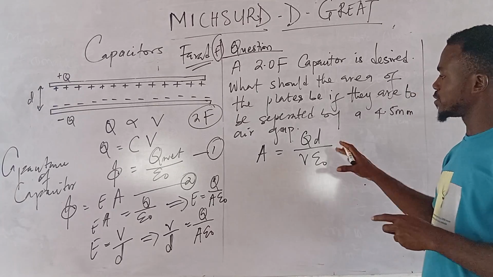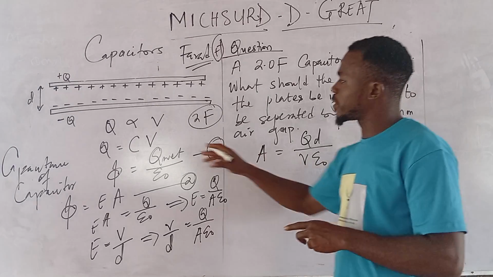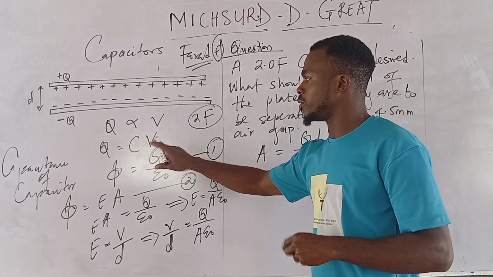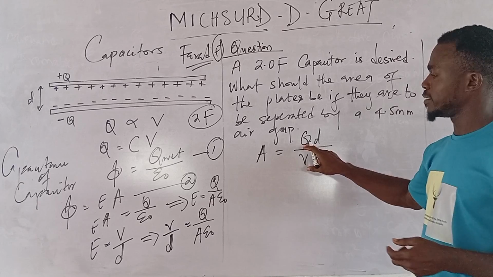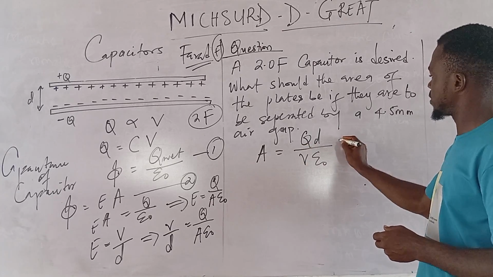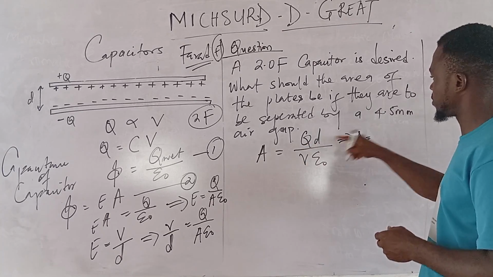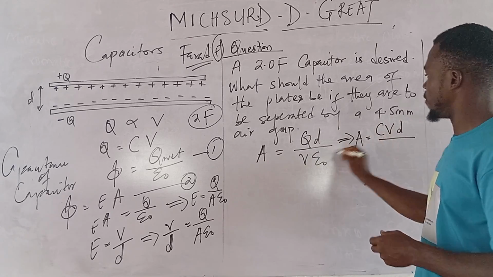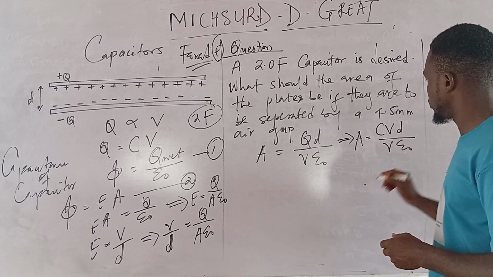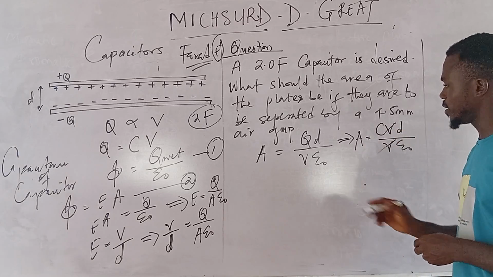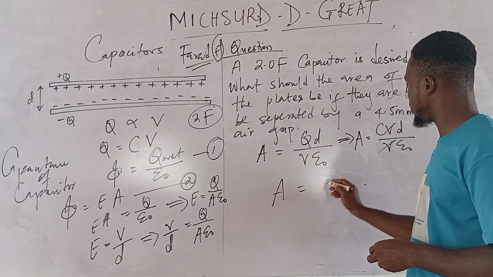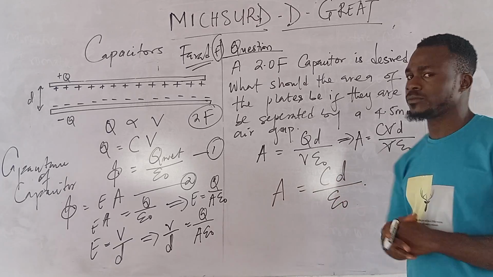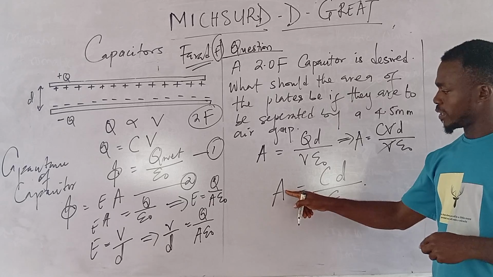But we also said that Q is equal to CV, so in place of Q I can put CV. Then A equals CVD over V epsilon naught. Clearly V cancels out, and we have that A is equal to CD over epsilon naught. So we can calculate the area.